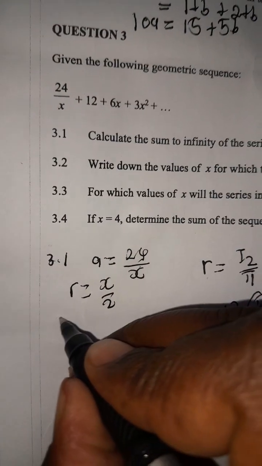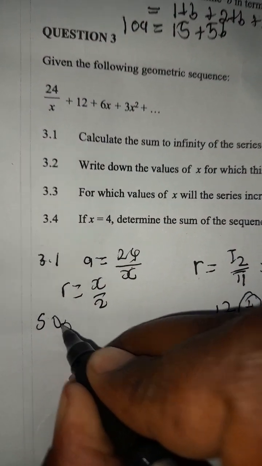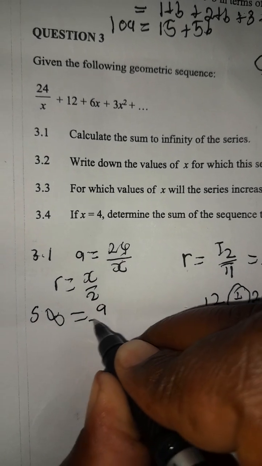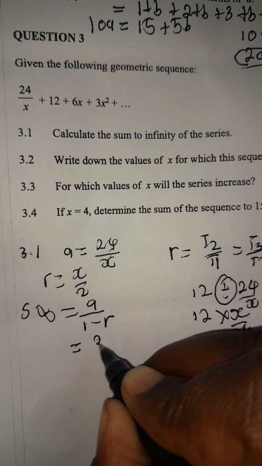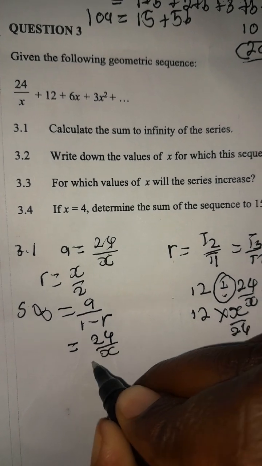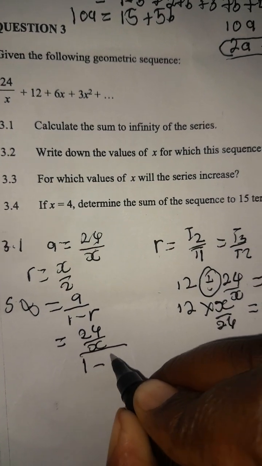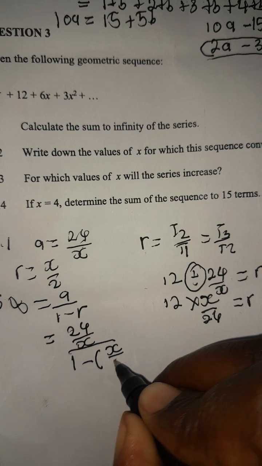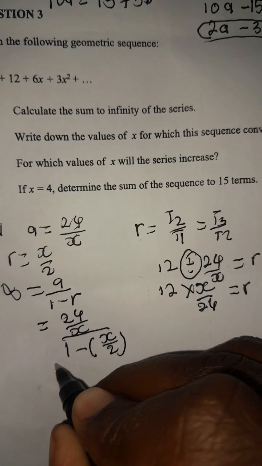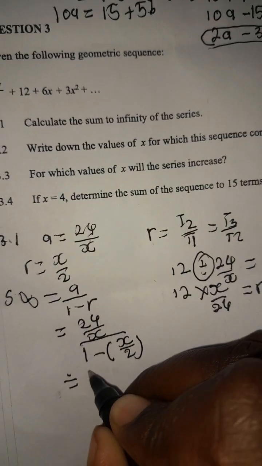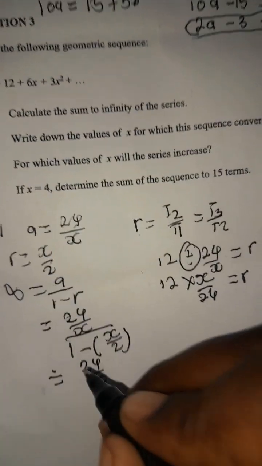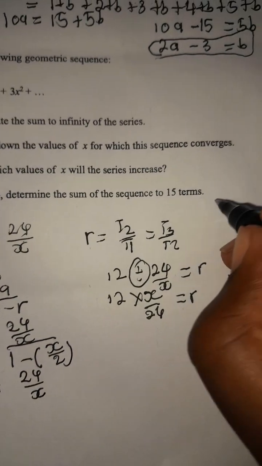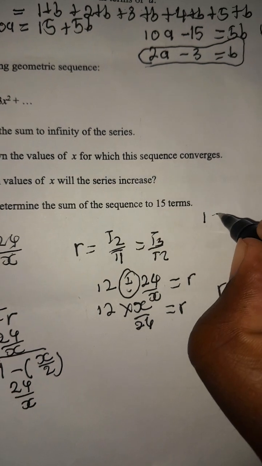So we are not done. Remember, it's sum to infinity. That will be the formula a over 1 minus r, right? So our a is 24 divided by x, which is over 1 minus x all over 2. So let's work out 1 minus x all over 2.